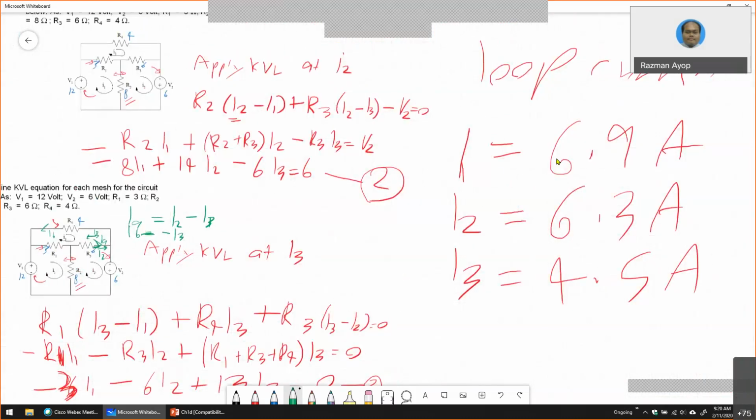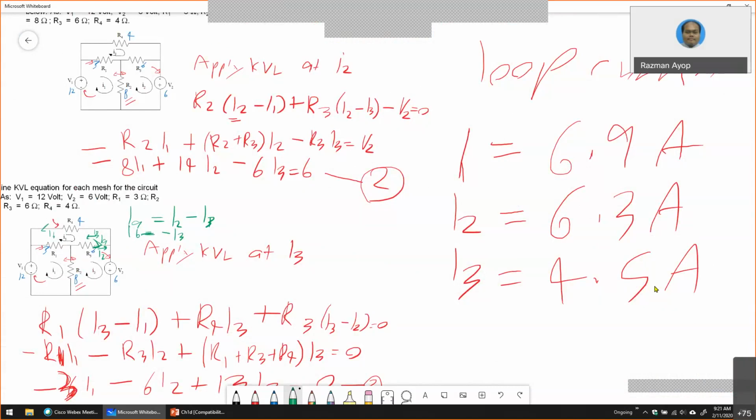IA is I2 minus I3, 6.3 minus 4.5, so you get 1.8 ampere.